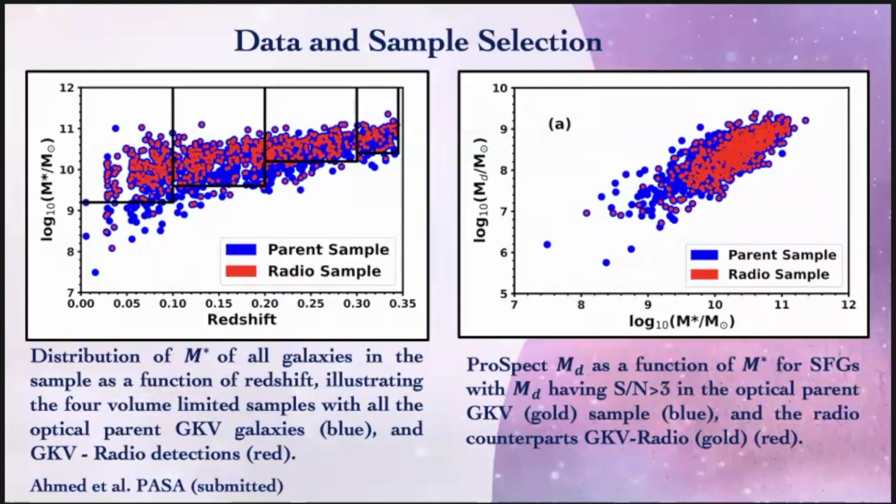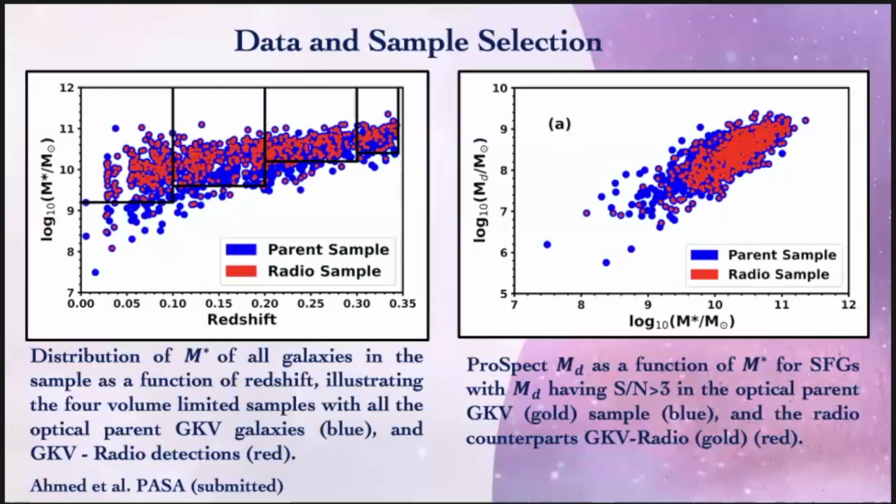That's what I'm showing in the left panel here. And in the right panel, we plotted dust mass as a function of stellar mass for the star-forming galaxies, using measurements of dust mass from Prospect.